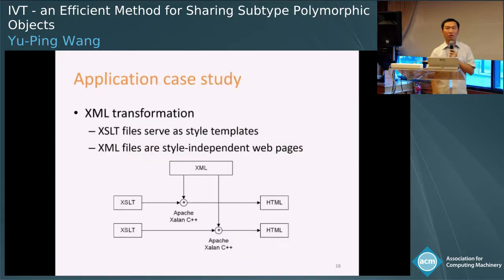Okay, we also apply our techniques to several application scenarios. The first one is XML transformation. In this scenario, some XSLT files serve as style templates, and XML files are style-independent web pages. If we want to translate the XML file into different styles of web page, we could share this parsed XML object and reuse it.